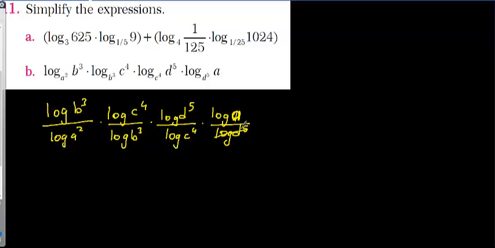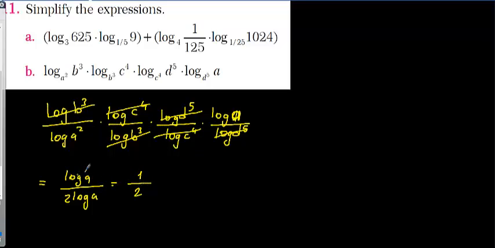As you see, logarithm d5 and logarithm d5, c4 and c4, logarithm b cubed and logarithm b cubed simplify each other. So the only thing left is logarithm a and logarithm a squared. So this is going to be logarithm a over 2 times logarithm a, and it's going to be equal to 1 over 2, because logarithm a and logarithm a simplify.